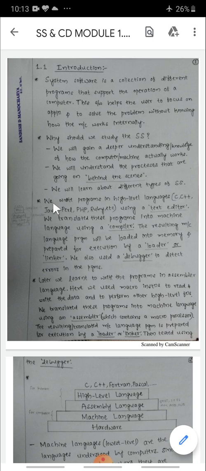These instructions are called mnemonic instructions or macro instructions. So instead of only zeros and ones, assembly level language contains English words like MOV (move), ADD (addition), SUB (subtraction). Like this, it has mnemonic instructions or macro instructions.